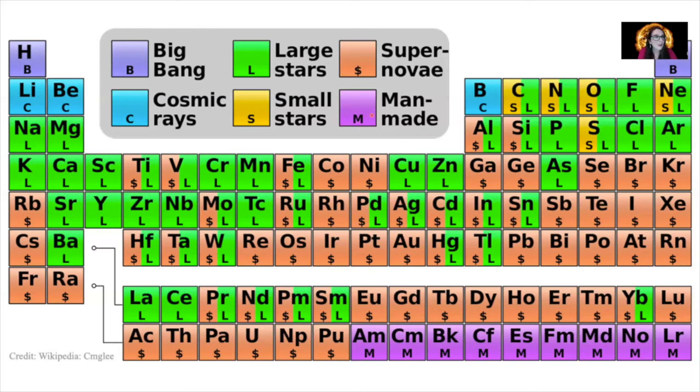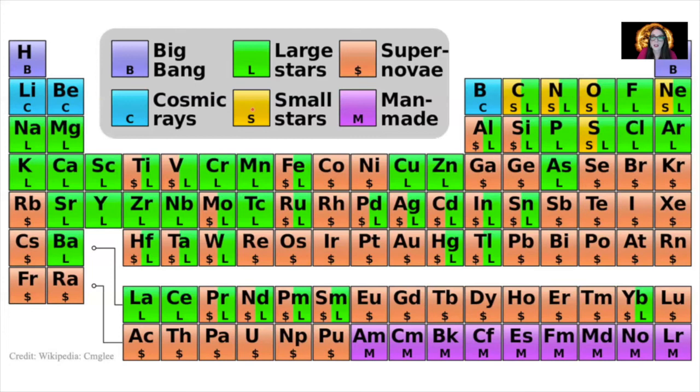And then the colors here correspond to the process that created these elements. So we've got hydrogen and helium formed in the Big Bang. Lithium, beryllium, boron formed from cosmic rays. And then these other colors, if it's green, those were formed in the interior of large stars through some fusion process, okay?